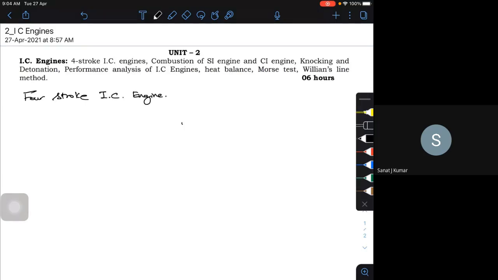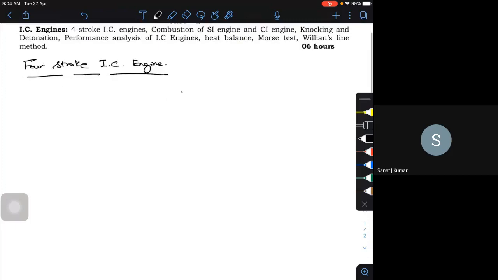What exactly is it? If I try to represent it on a PV diagram, let me put a simple PV diagram and try to understand. It need not be any particular kind of cycle, but I'm going to draw the Otto cycle, as that's the best possible thing.